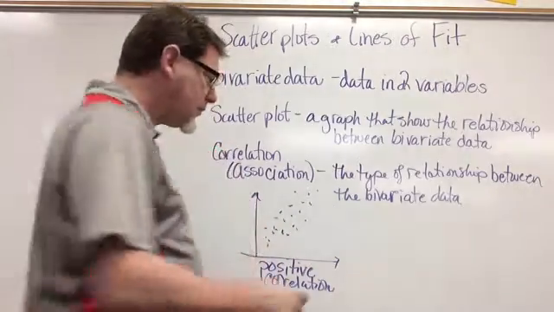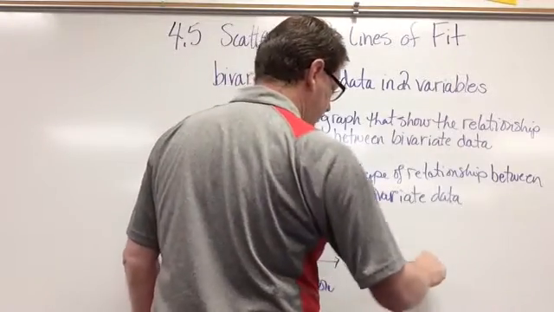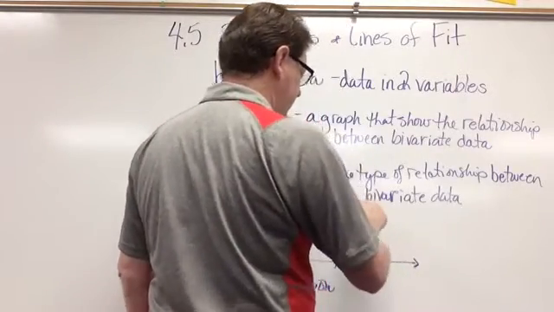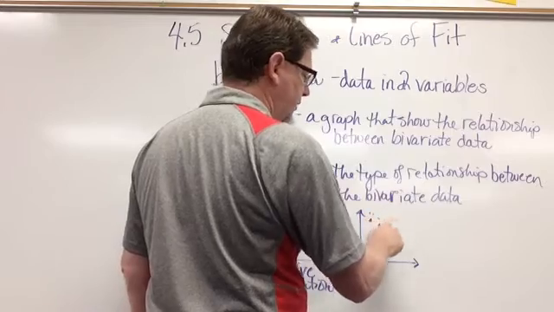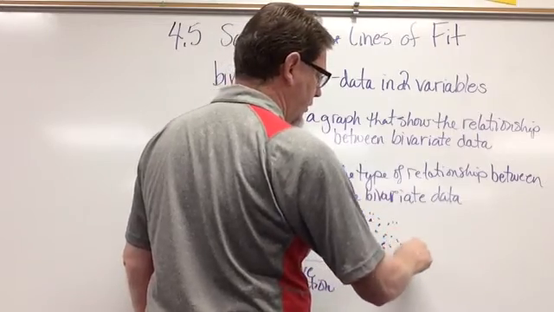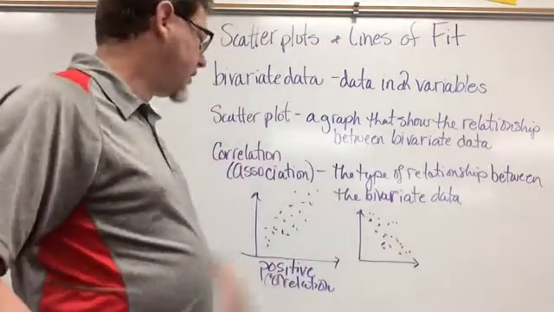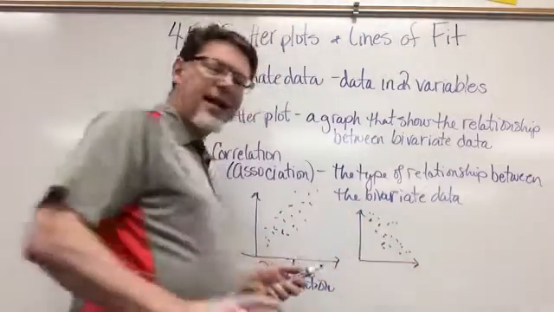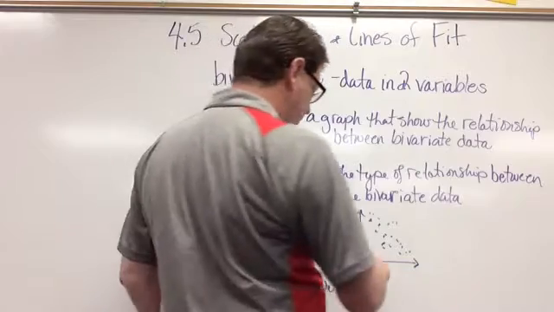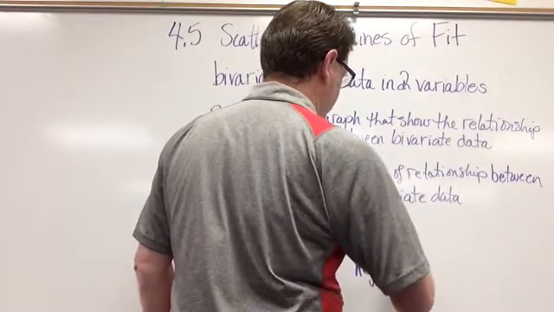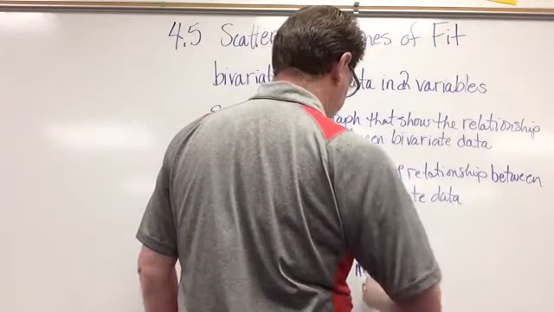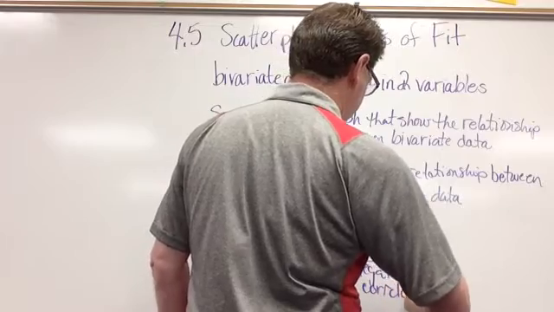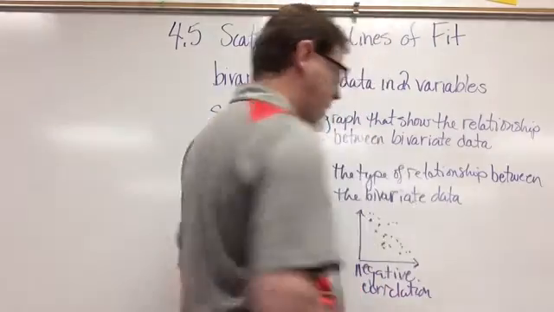Okay? There's another type of relationship. Do my x-axis and my y-axis, and you might have data here, over here, okay? And it's scattered, but you can still kind of see a pattern going down, and this would be a negative correlation. Okay?